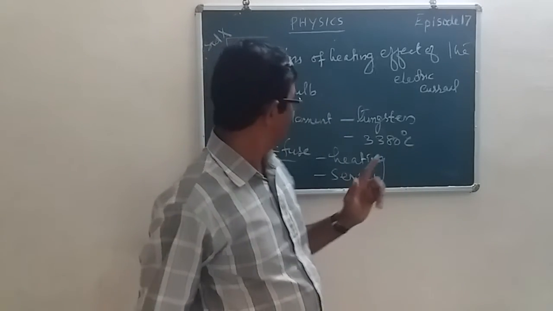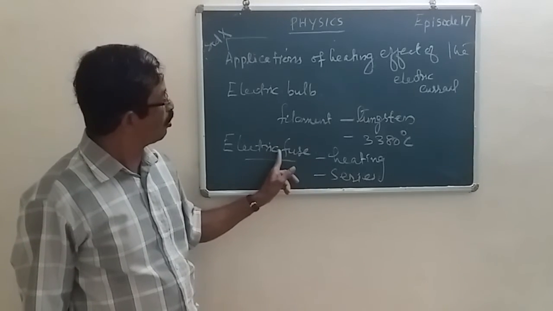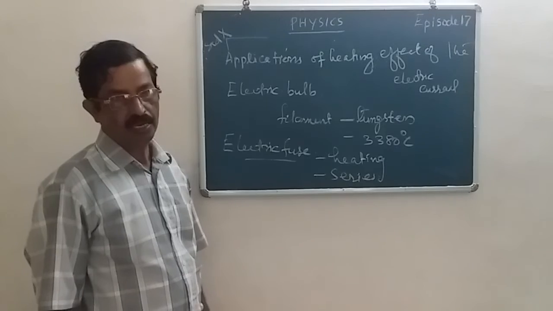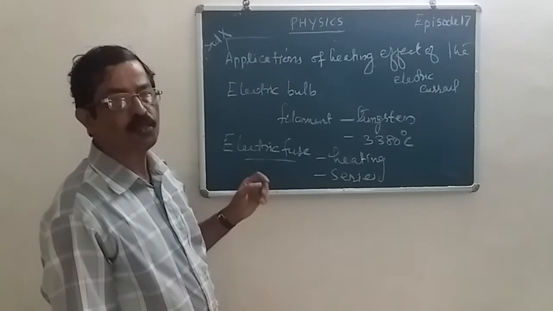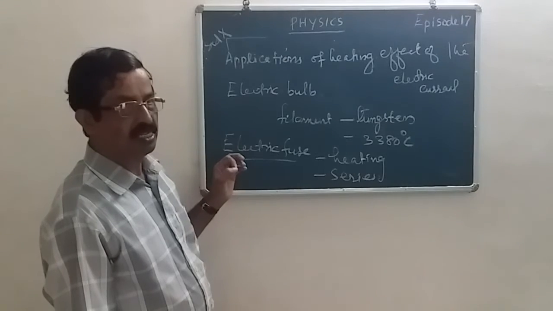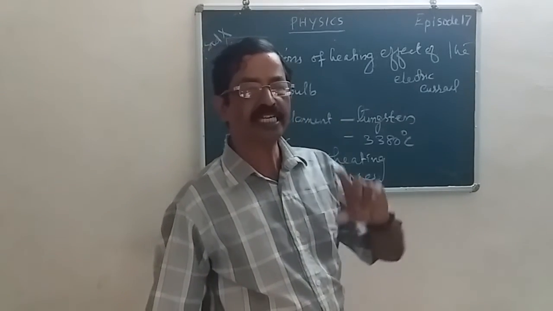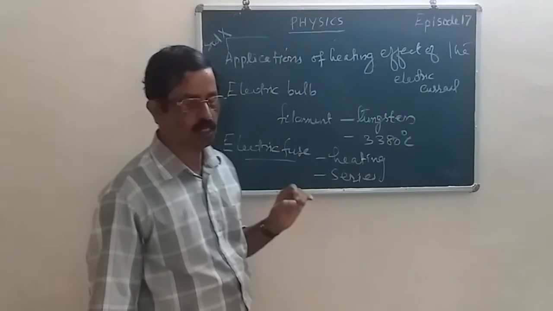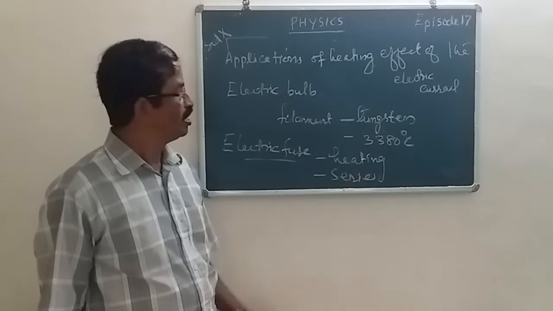All the current flowing through the fuse wire at all times produces a small amount of heat, but that heat is dissipated to the surroundings, so there is no excess heat.